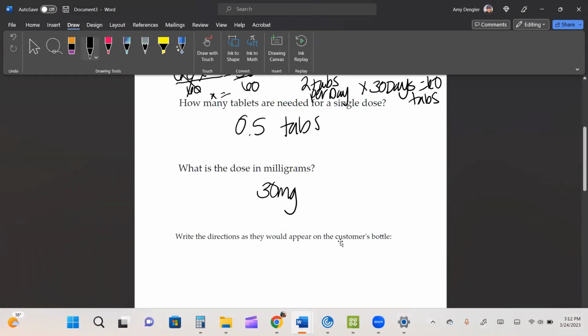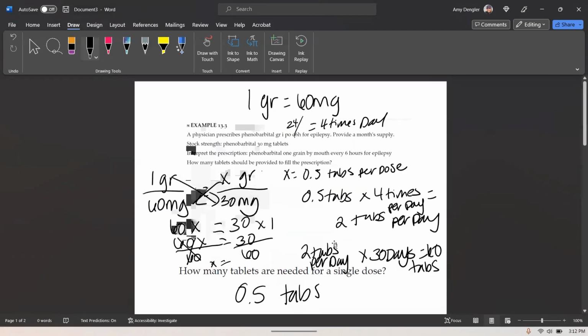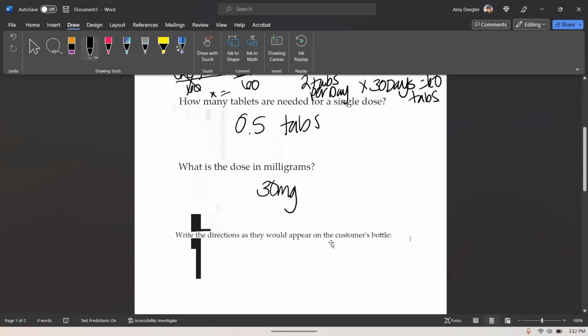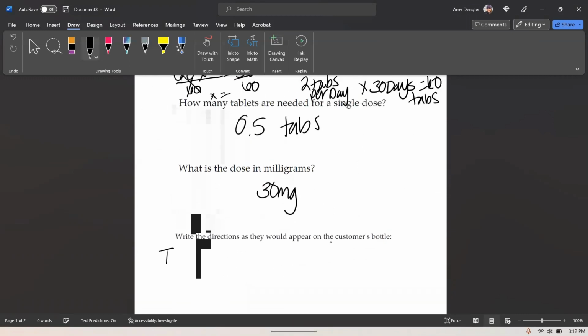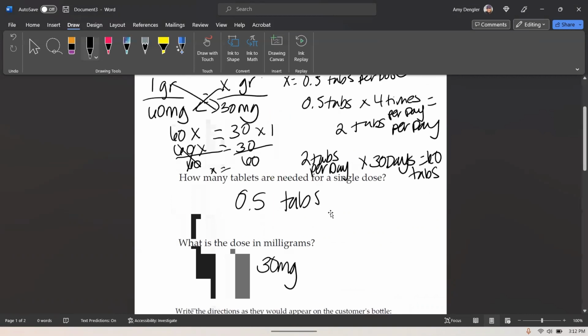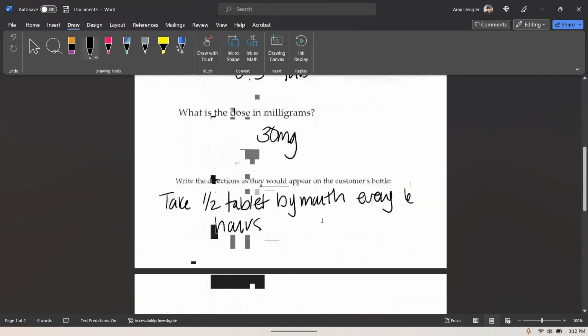And then write the directions as they would appear on the patient's bottle. And that is going to be: take 1/2 tablet by mouth every 6 hours.